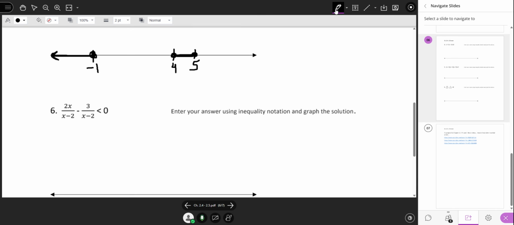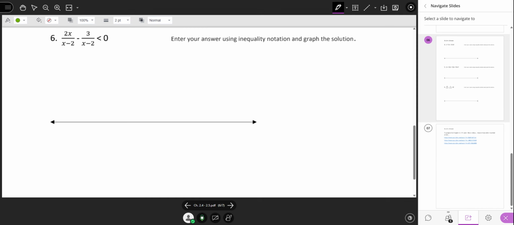And then for this last one, it was from 1.5 to 2. So you're going to use an open circle and an open circle, and you're going to fill in the middle.